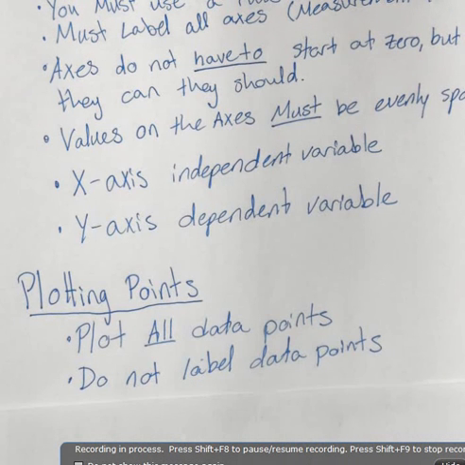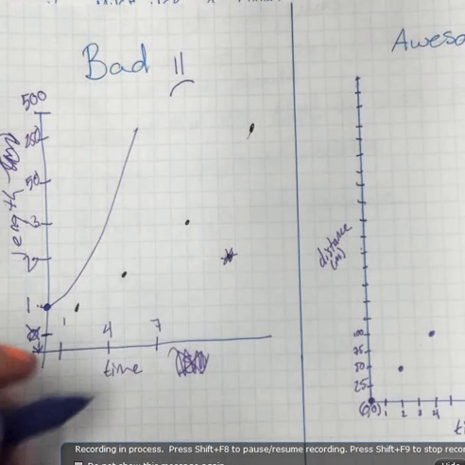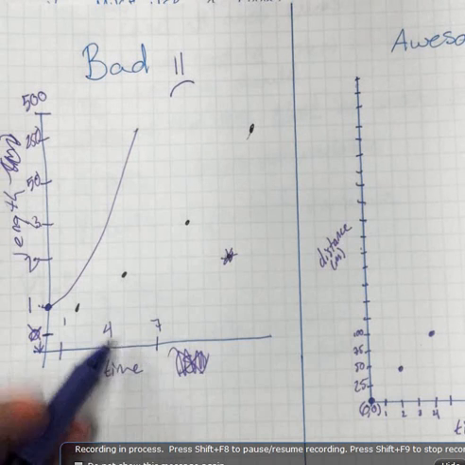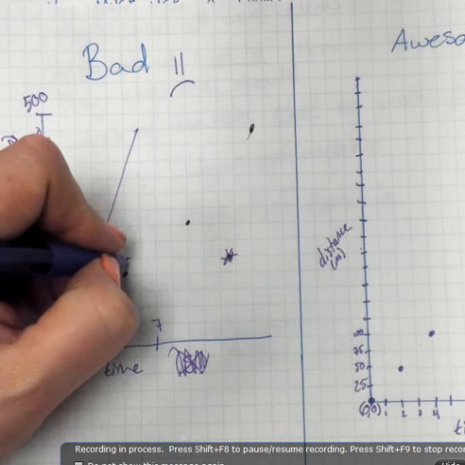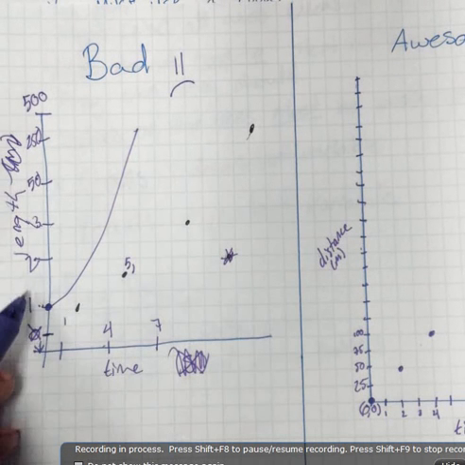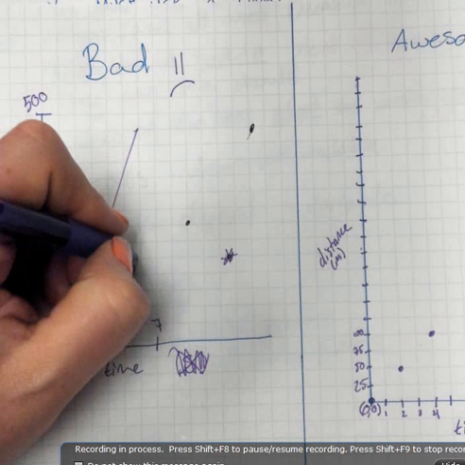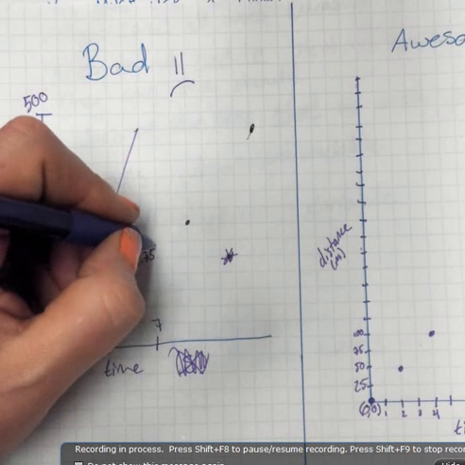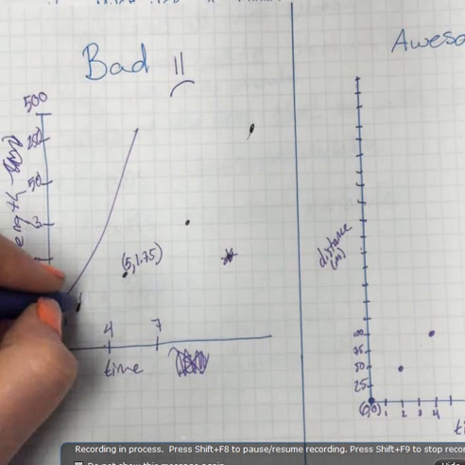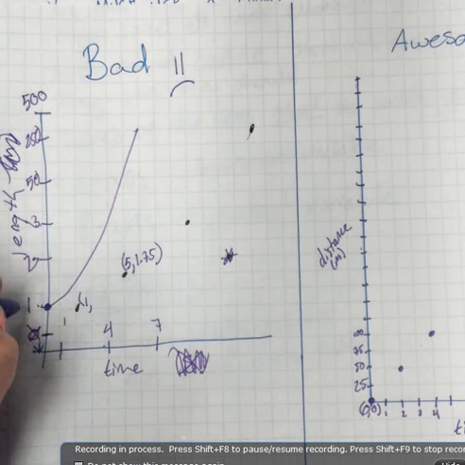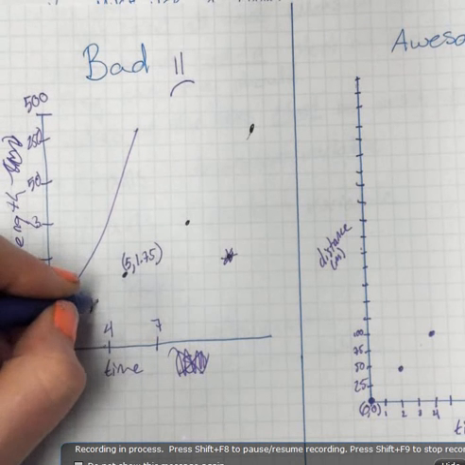One of the things you do not need to do is label all of the data points. That's something that maybe you've learned to do in your math class, where you plot that this is 4.5 comma 1.75, and you tell me what each one represents. 1 comma 0.5.